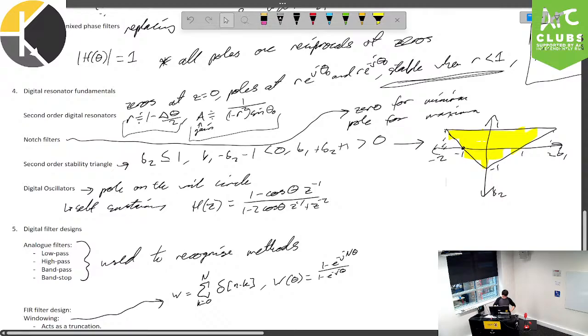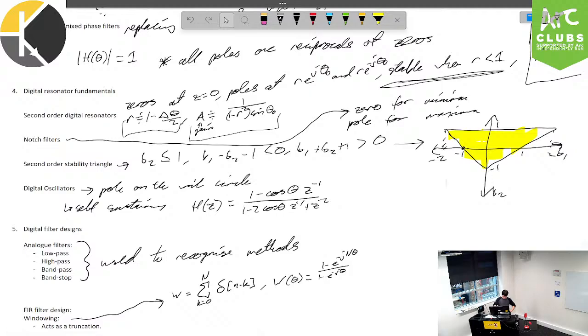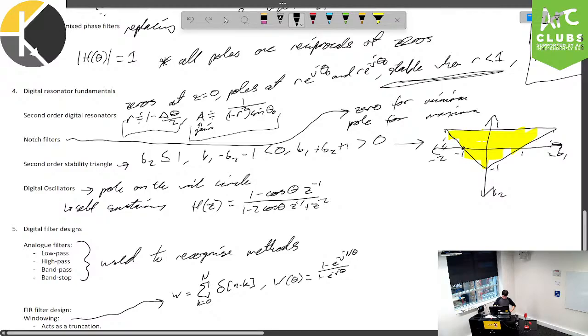So just a little bit more on oscillators. If you have a pole on the circle, that means radius is 1 now. You have a proper 2 here rather than 2r.